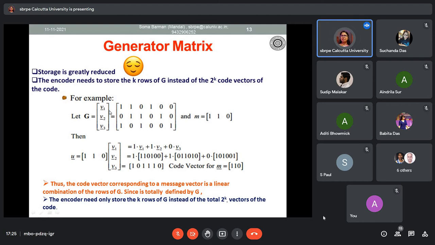And we are considering V1 of this form: 1 1 0 1 0 0, 0 1 1 0 1 0, 1 0 1 0 0 1.